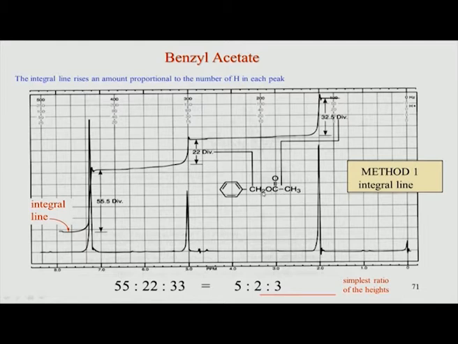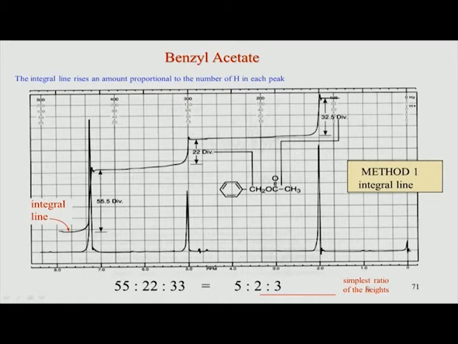This one has 2 hydrogens. There are 3 hydrogens here and 5 hydrogens in this aromatic system. Therefore, the aromatic peak should be 5, compared to 2 for the CH2, and 3 for the CH3. So, you should have the ratio 5:2:3.